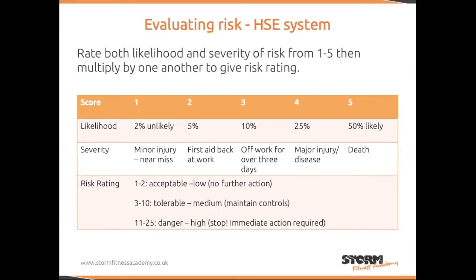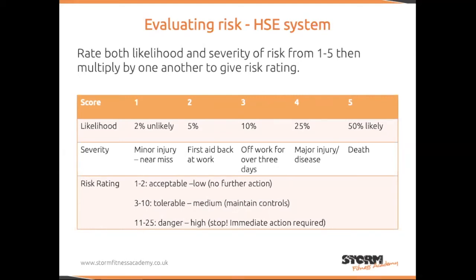If we think it's very unlikely, we give it a 1. We then look at the severity and we think, well, if somebody was to trip over that wire, how severe would that be? So let's say we think they'll probably be off work for a few days. We give it a 3. We then take the first number, times it by the second number, 1 times 3 equals 3.